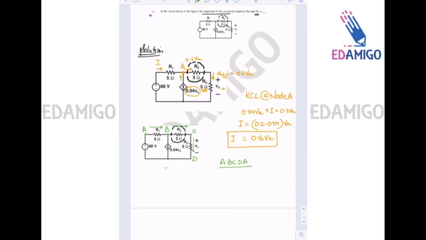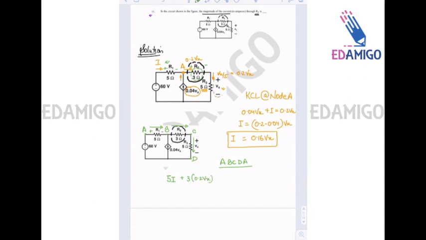So we know that the current is flowing in this direction, current is flowing in this direction, current is flowing in this direction, and so voltage drop across R1 from A to B will be plus in the left side, minus in the right side, that is 5I. Okay, you can see it here also. Current is flowing from left to right, so plus in the left, minus in the right. 5I plus 3 into the current which is flowing through R2, also from left to right, so plus in the left, minus in the right, and the current value is 0.2 Vx.